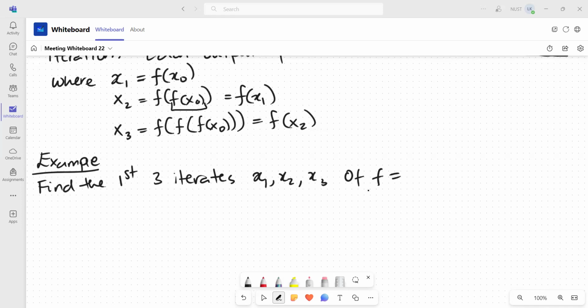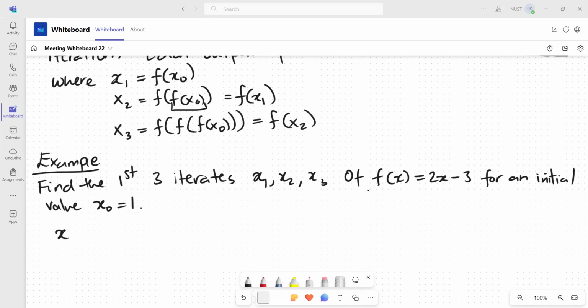F of x is equal to 2x minus 3 for an initial value x naught is equal to 1. Okay, so we're given x naught, we need to work out x1, x2, and x3.